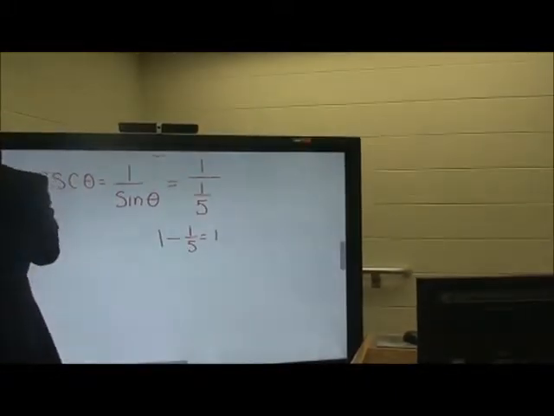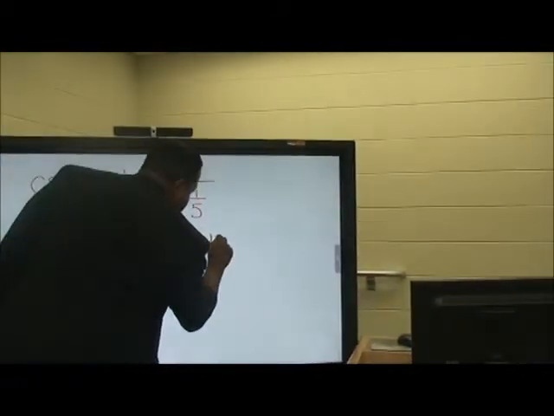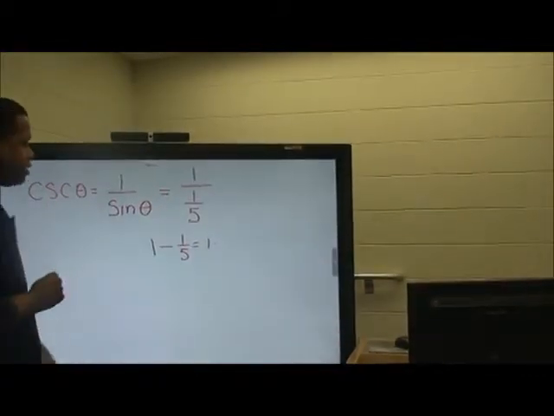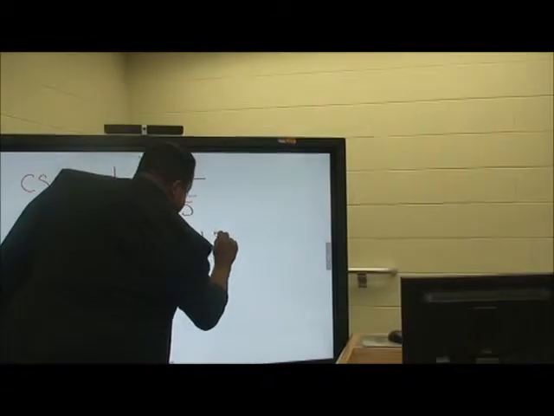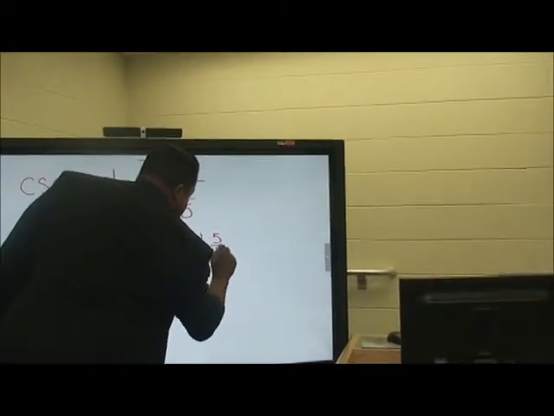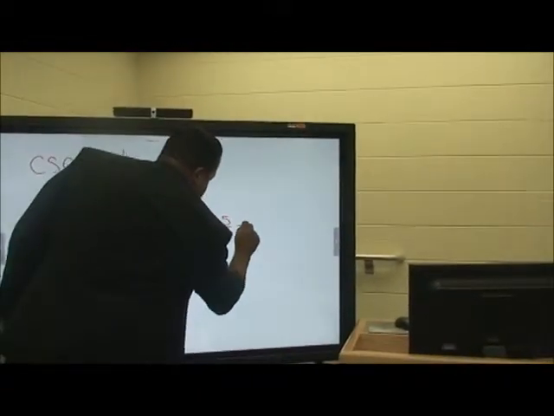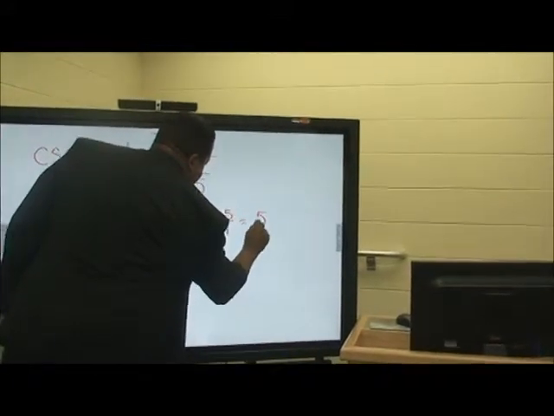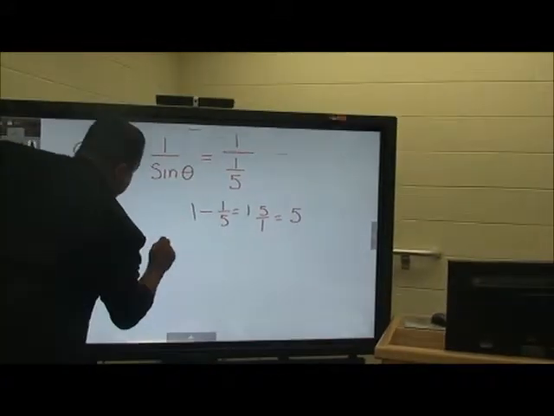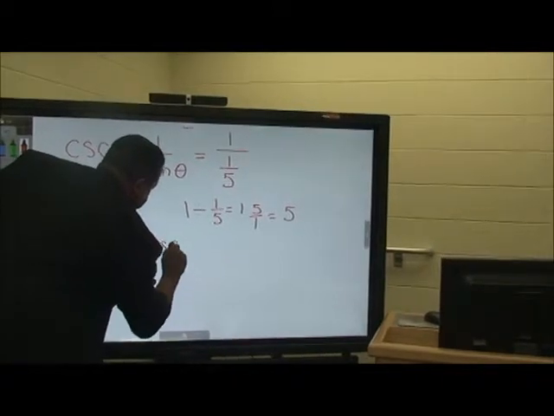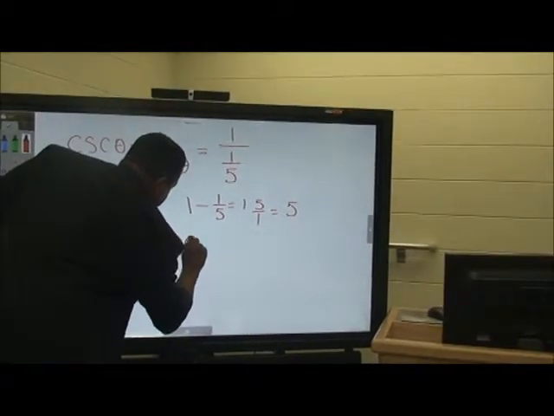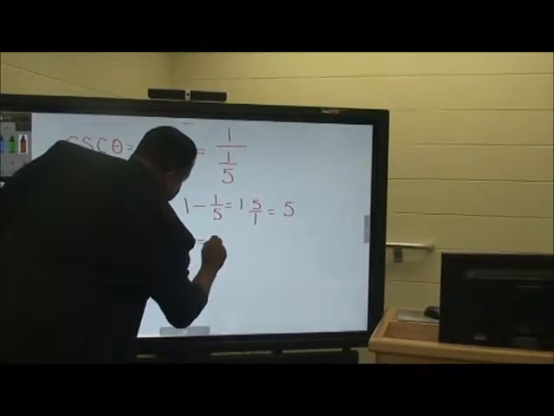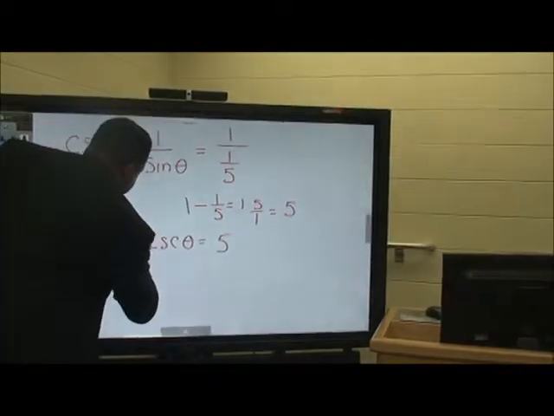That's why in higher level mathematics we use a dot or a parenthesis. So 5 over 1 is going to equal 5. Therefore, cosecant theta is equal to 5.